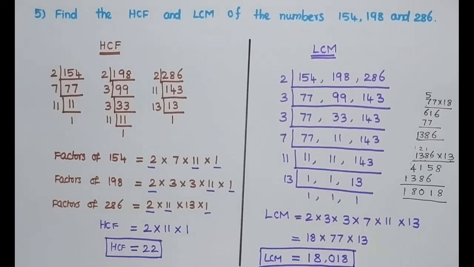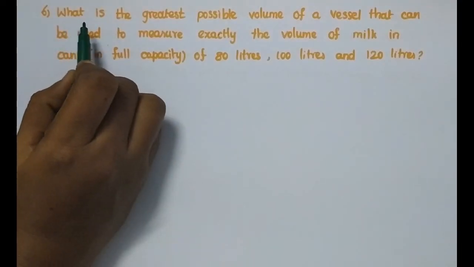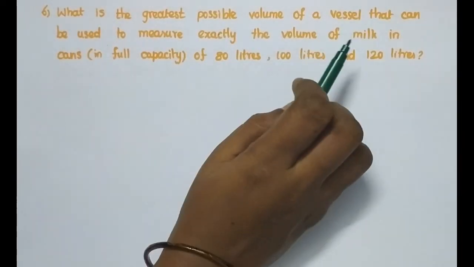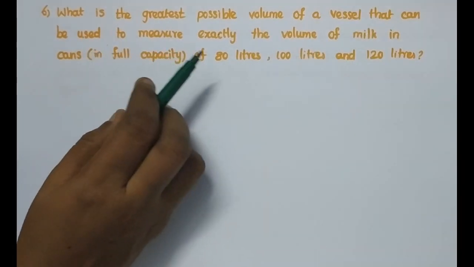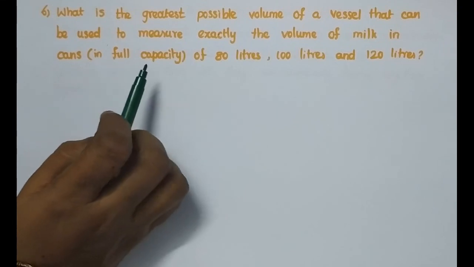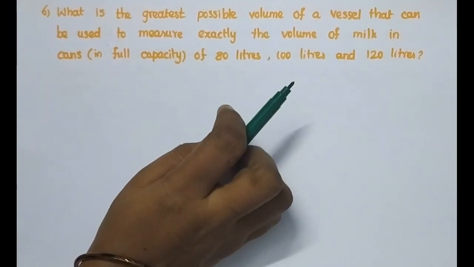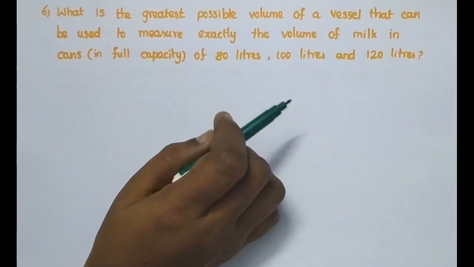So HCF equal to 22, LCM equal to 18,018. That is the answer. Sixth sum. What is the greatest possible volume of a vessel that can be used to measure exactly the volume of the milk in cans in full capacity of 80 liters, 100 liters and 120 liters?